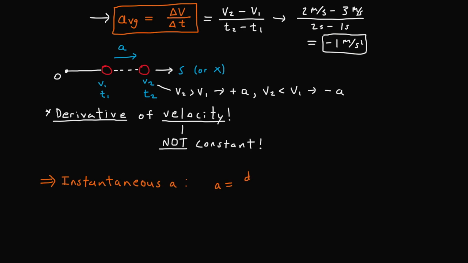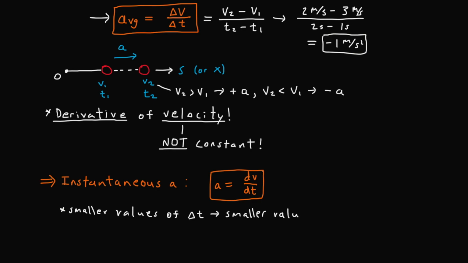Instantaneous acceleration a is equal to dv by dt, where smaller values of delta t are related to smaller values of delta v. And of course, from calculus, this is acceleration a is equal to the limit of delta v divided by delta t as delta t approaches 0, which is equal to dv by dt, which again is basically the derivative of velocity with respect to time.